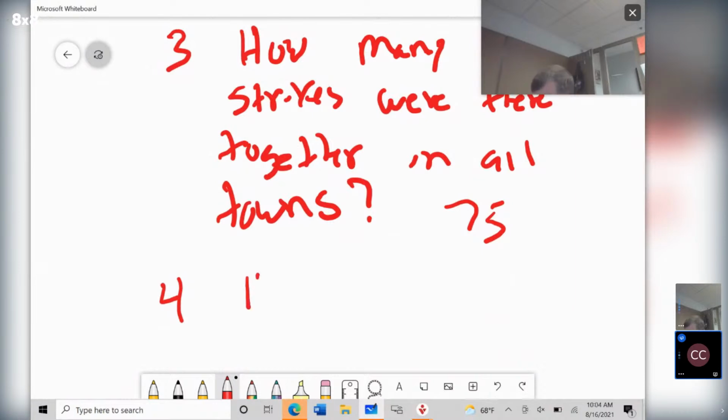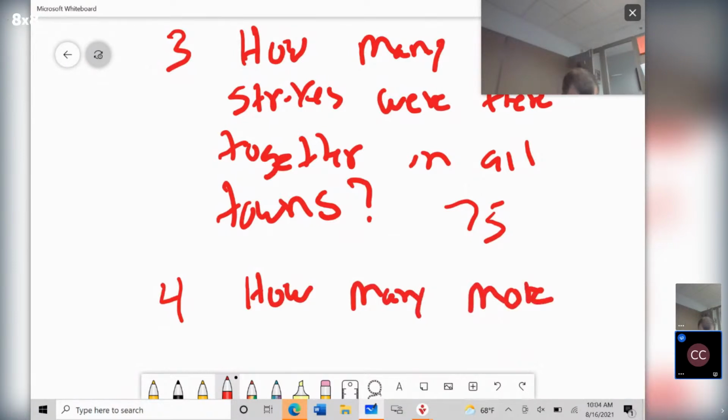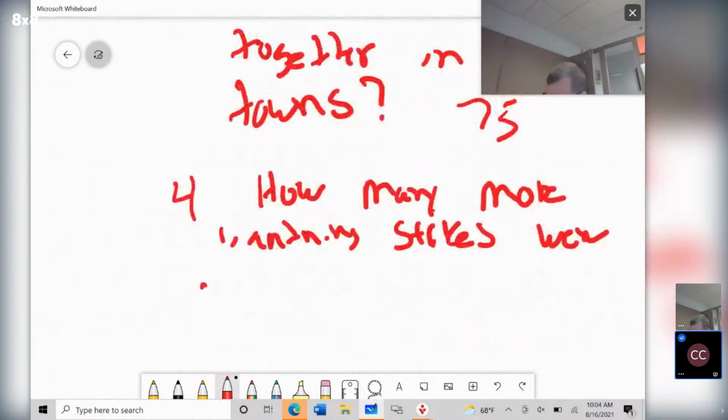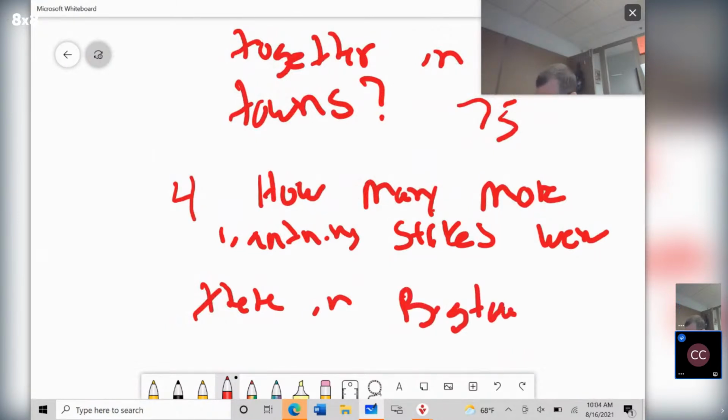Okay. So how many more lightning strikes were there in Big Town than in Carlton?